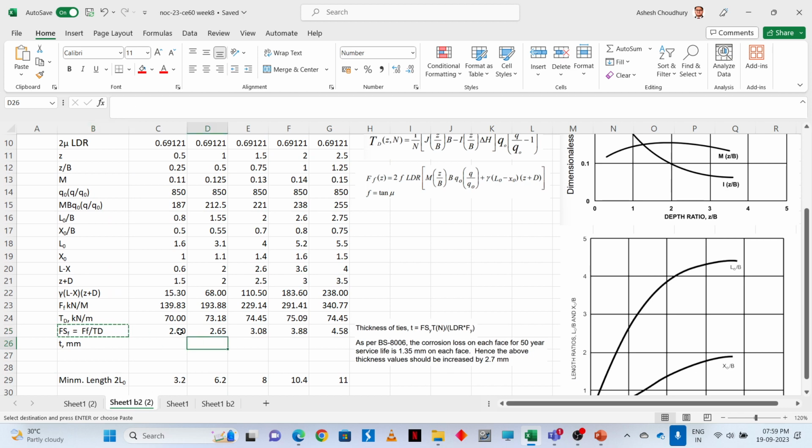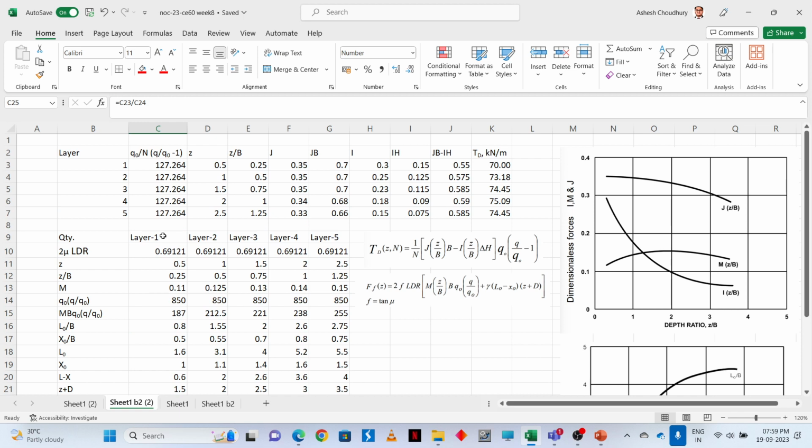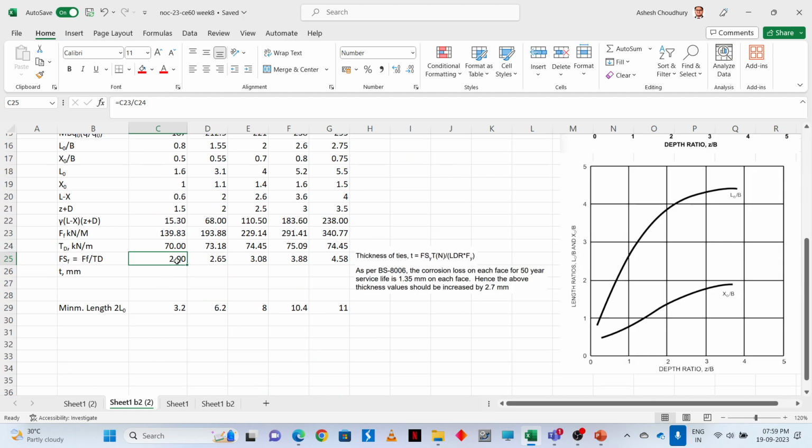Okay. So you can see here that for first layer, our factor of safety is actually not greater than 2.5. It should have been greater than 2.5, but we are not getting 2.5. So this won't actually work. So what we can do is that maybe we can reduce the number of layers to 4 layers. We have to do another try on this.